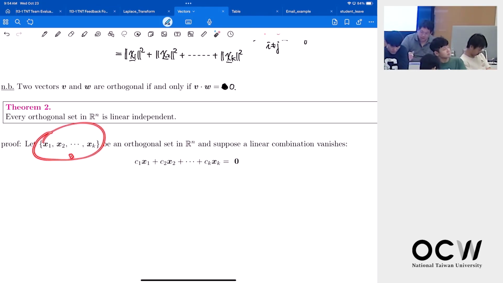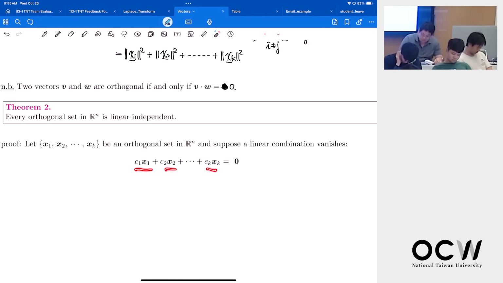So now, suppose I have a linear combination that vanished. This is a 0 vector. So I don't have another vector that can be a linear combination of the rest.